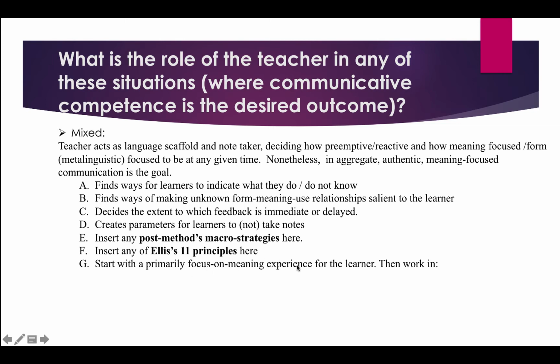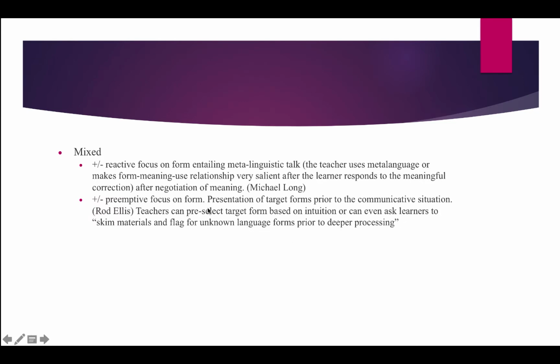So we start with a focus on meaning, that we figure out that there's something we want to communicate that's meaningful to us. And then we work in either the presence of or the absence of some kind of reactive focus on form. Okay? And in addition to reactive focus on form, I can have the presence of or the absence of preemptive focus on form.